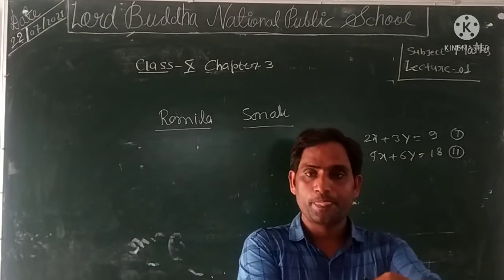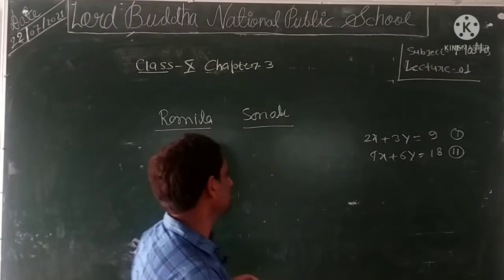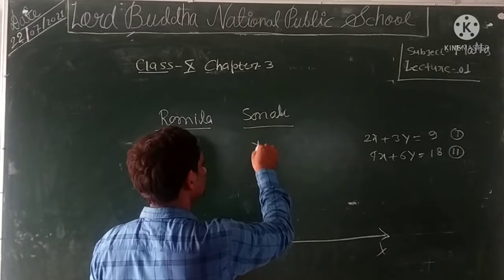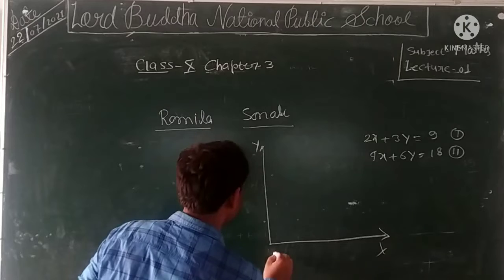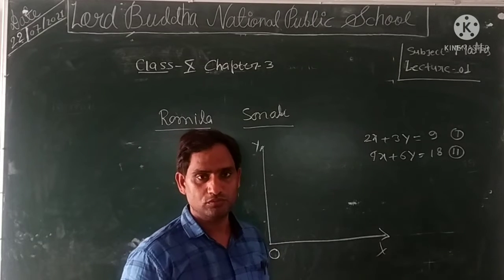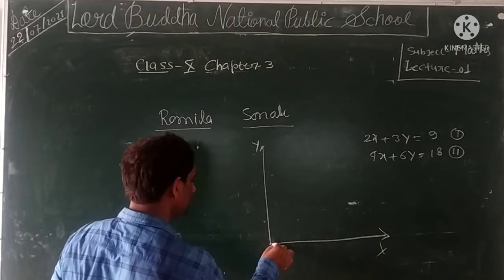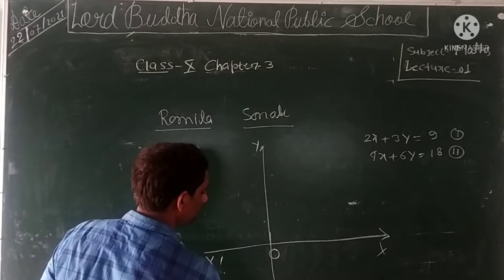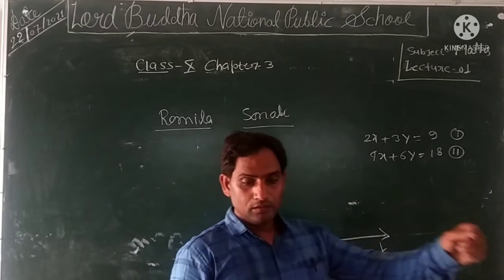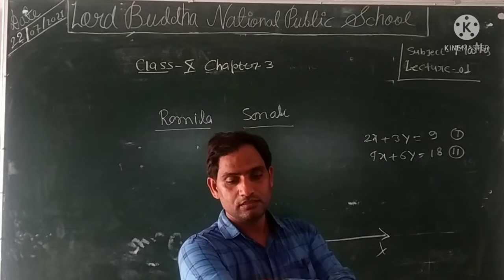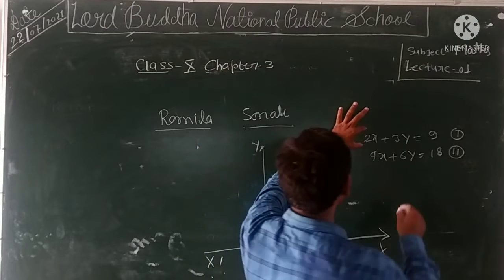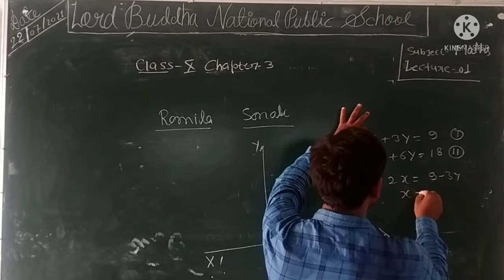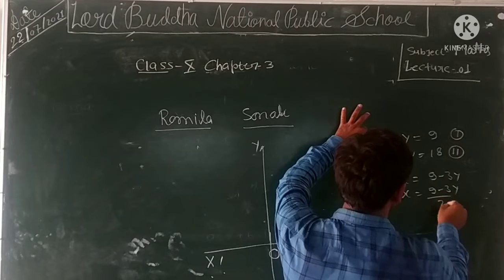For example, we draw two perpendicular axes, first x and second y. The intersection point of x and y is called the origin, 0. Now we solve these two equations. We can write the first as 2x equal to 9 minus 3y, or x equal to (9 minus 3y) upon 2.